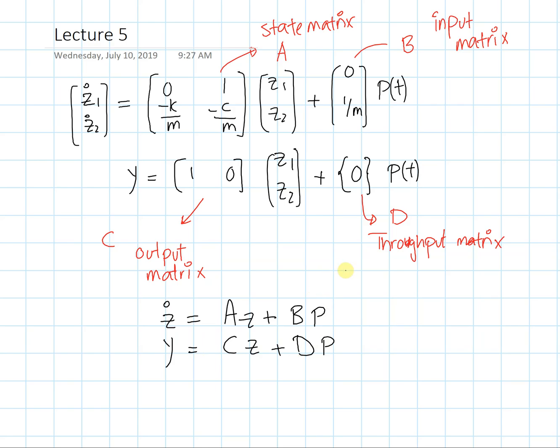Once I have formulated my A, B, C, and D matrices, having known my k, c, and m variables, what I can do is go on Matlab and say I have this state space system, let's call it S with capital S. You can use the function ss for state space, plug in all these values A, B, C, and D, and close the brackets.